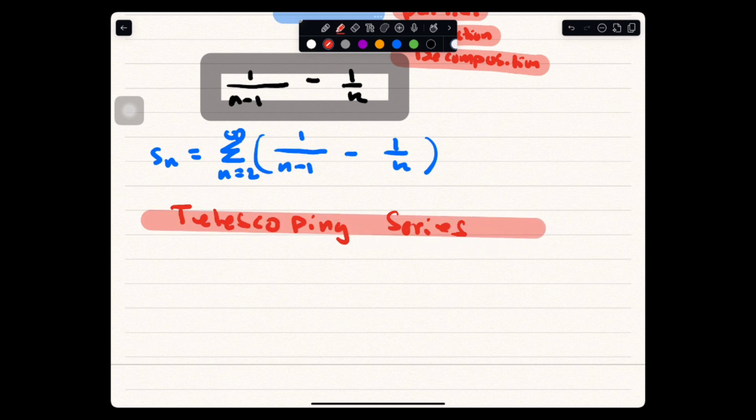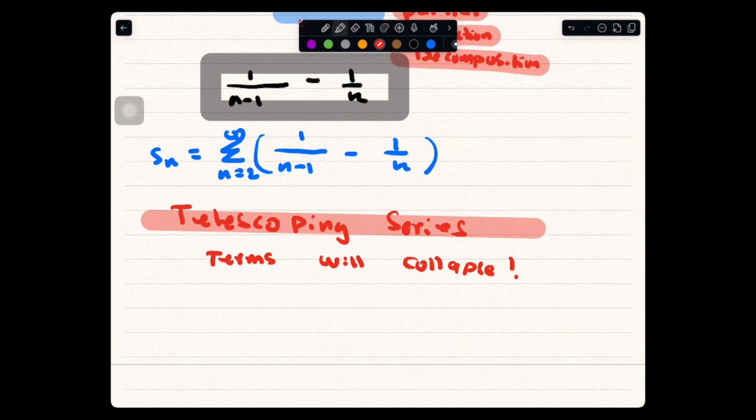Now, they call it telescoping because what's going to happen is that your terms will collapse. So you get terms that will collapse. This is why we call it a telescoping series. Collapsing terms is what they should say.